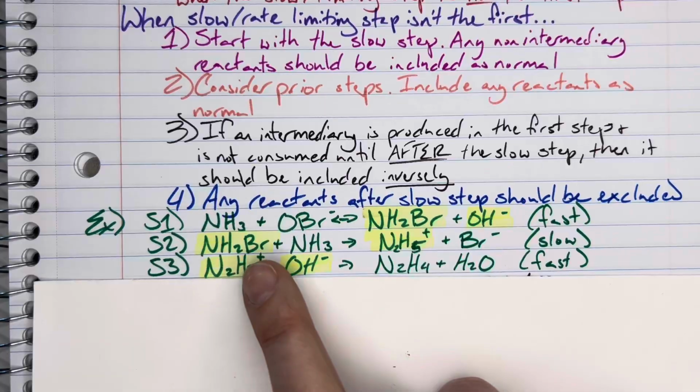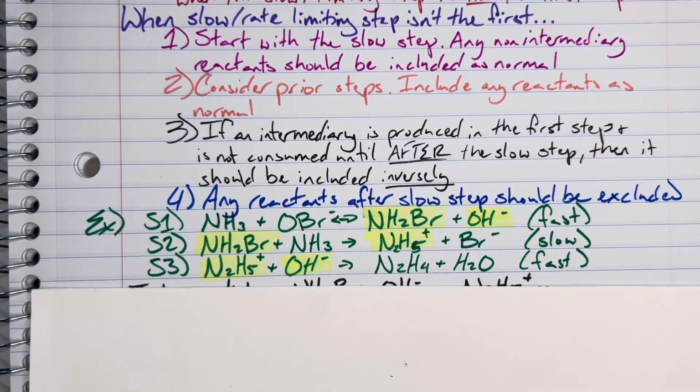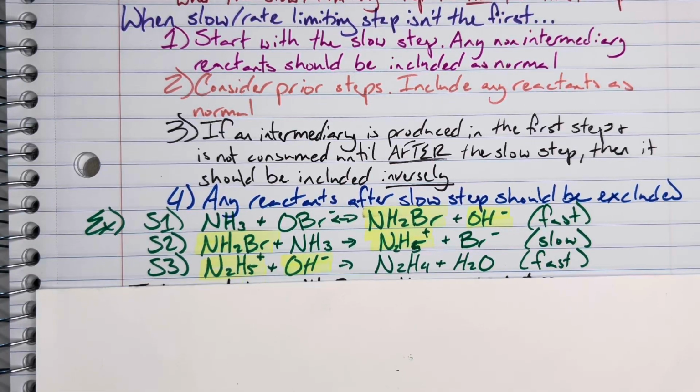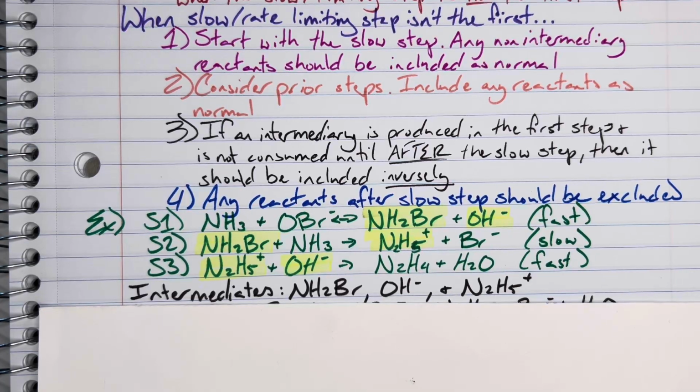And so those are going to be intermediates. I don't have any catalysts instead. So I've identified that the NH2Br, the hydroxide, and N2H5+ are going to be intermediates.